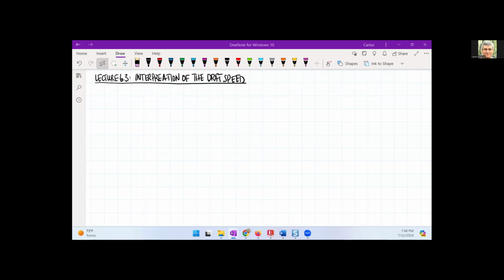Lecture 6.3, Interpretation of the Drift Speed. From example 6.1, a current of 1.67 amps in a copper wire has a drift speed of 0.15 millimeters per second.